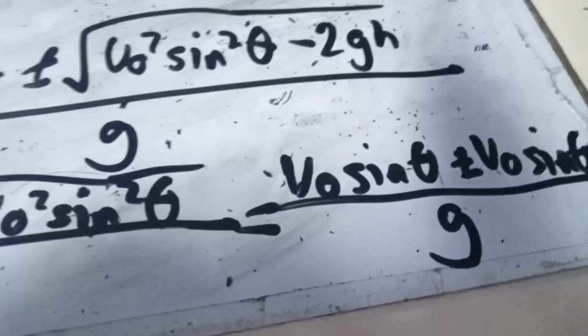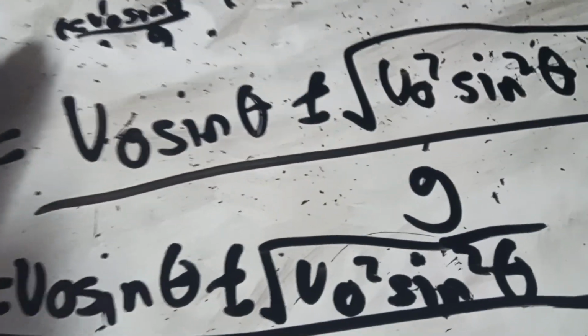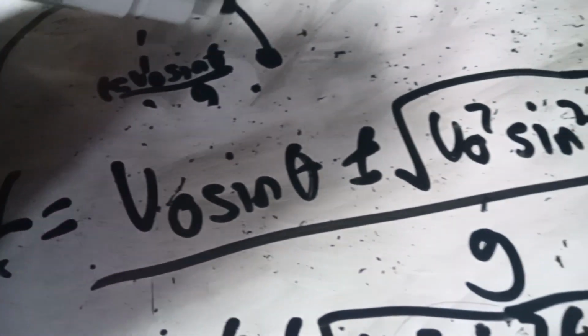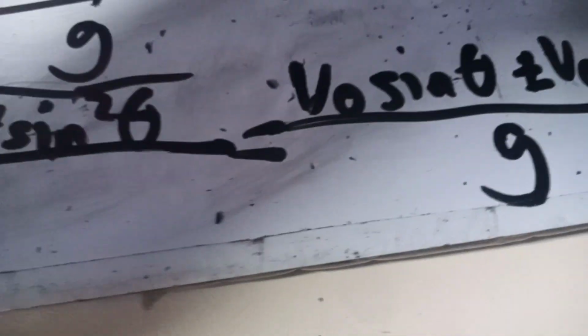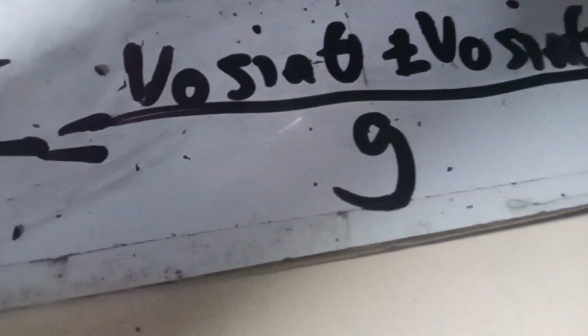All over g. Now, how will we decide if we're going to use the plus or the minus? Since we are looking for the further end, the part of when it will land, we will use the plus. Notice that if you use the minus, it will become v naught sine theta minus v naught sine theta, which is 0.